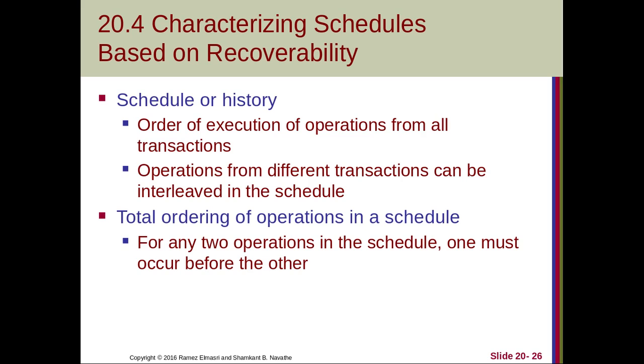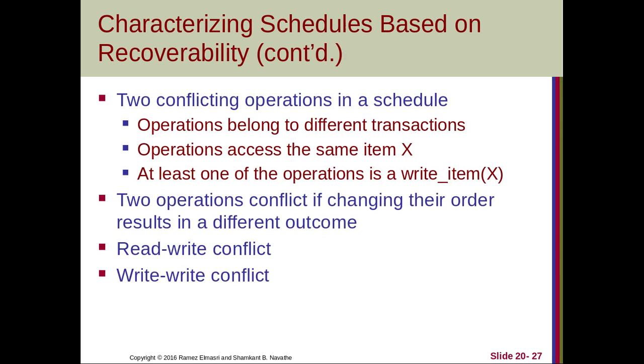So operations from different transactions can be interleaved in the schedule. Total ordering of operations in a schedule: for any two operations in the schedule, one must occur before the other. Suppose that there are two conflicting operations in a schedule.